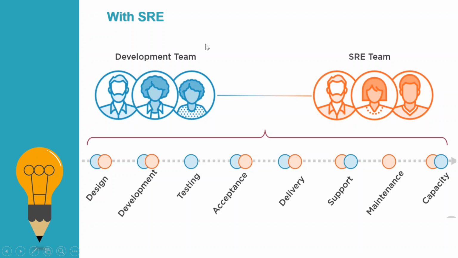The first thing is we have a development team and we have an SRE team. While designing an architecture for a project, the SRE team will also be involved in the design. Basically the SRE team will look at, okay, if we change this particular module, suppose we separate this DB configuration layer, service layer, data access layer, or move all errors to design a new error framework, it will increase our latency.